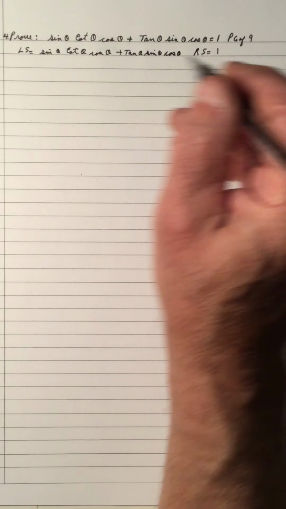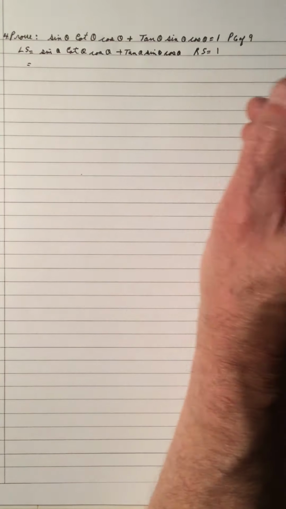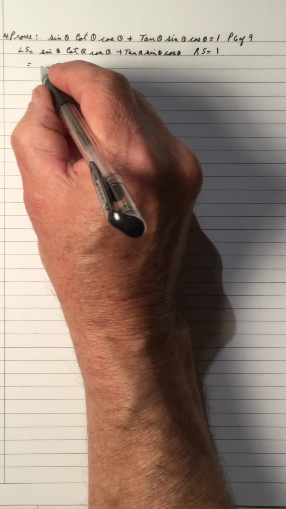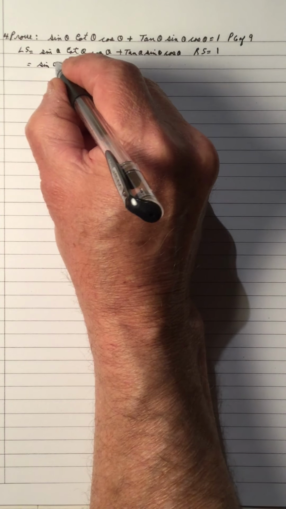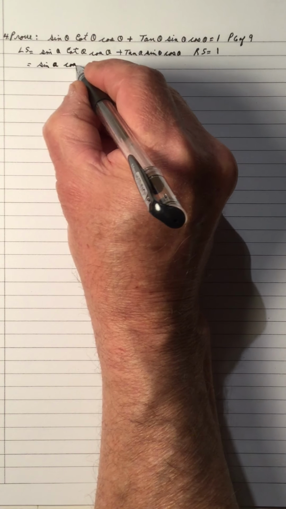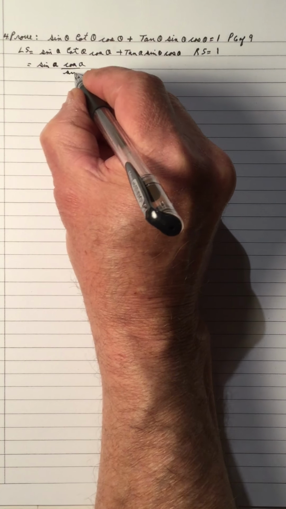So we have to take one of the sides and work it to the other, working one side down completely. Let's take this side, the more awkward, more difficult side. Cot is cos over sine.